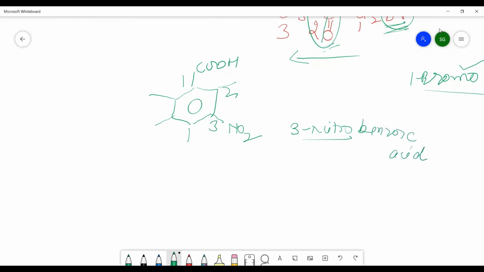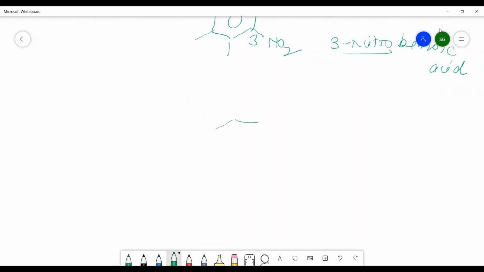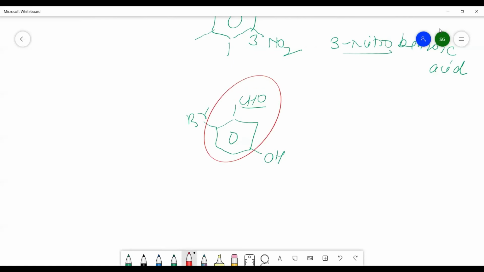Benzoic acid. Likewise, suppose you are having benzaldehyde like this, and your OH is occupied this position, Br is occupied by this position. So you have to see कि in सब में the CHO will be get as preference. So that will become the parent chain. ये parent chain बन गई, and these two are substituent.